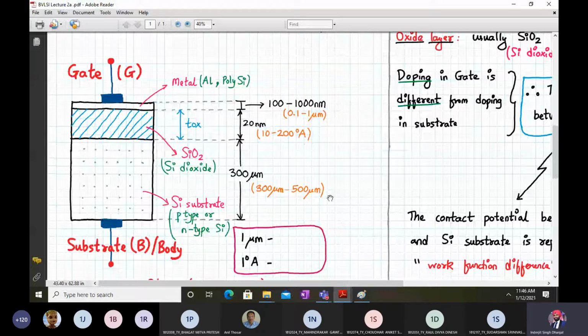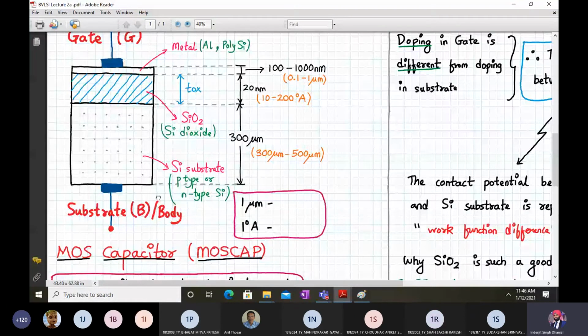Okay. So now let us look into two more constants. We have 1 micrometer and 1 angstrom. So see, everything in this particular subject you have to convert into centimeters. Okay. So what is 1 micrometer?